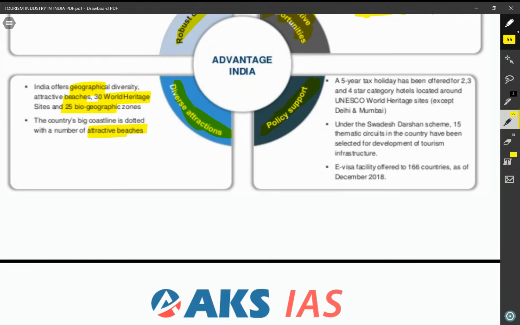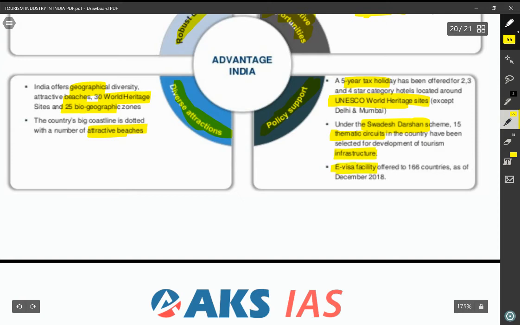So, what is the policy support that is being provided to the tourism sector? To the tourism sector, a 5-year tax holiday has been offered for 2, 3, and 4-star category hotels located around the UNESCO World Heritage Sites, except in the cities of Delhi and Mumbai. Under the Swadesh Darshan scheme, 15 thematic circuits in the country have been selected for development of tourism infrastructure.